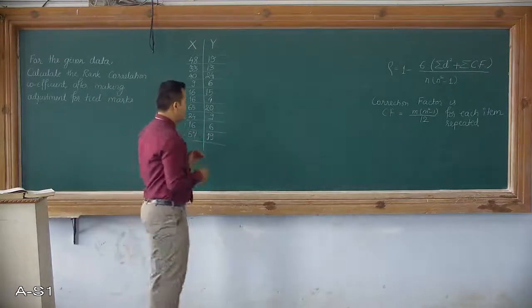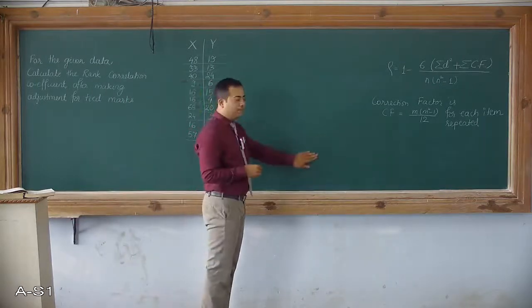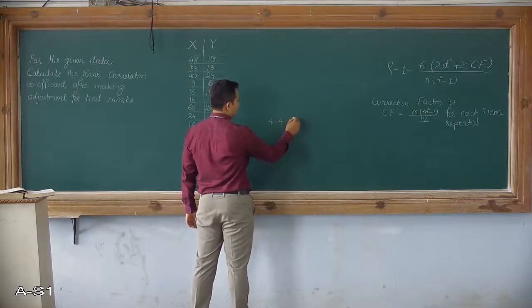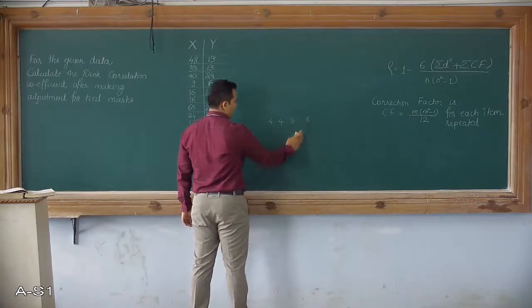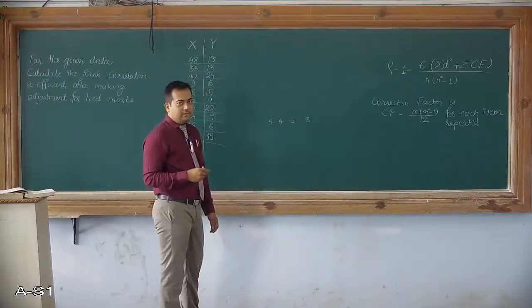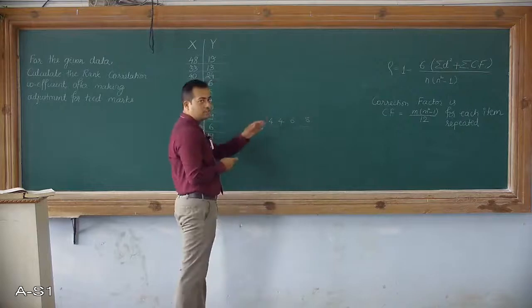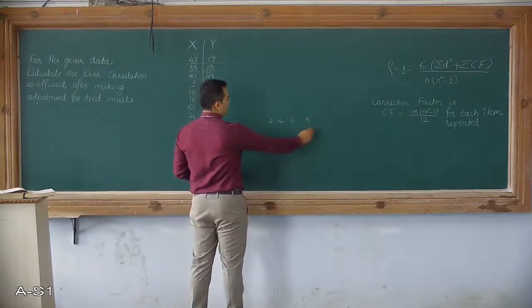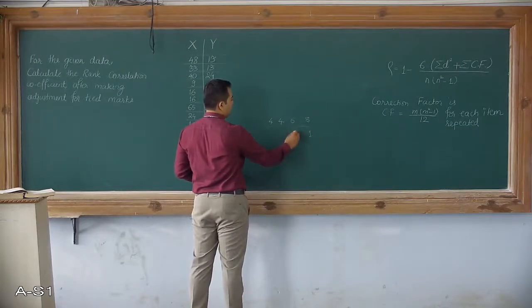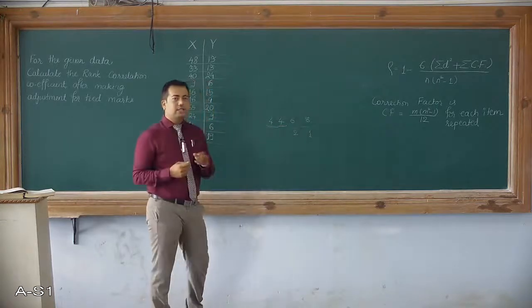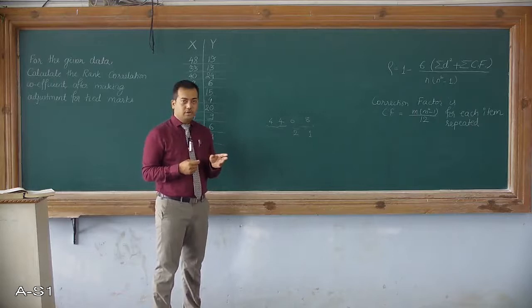Now we'll have one simple example here. Suppose we have 4, 4, 6, 8. If you want to rank them from highest to lowest, this would have rank 1 and this would definitely have rank 2. These two would actually take the next two ranks, 3 and 4, but they are the same.